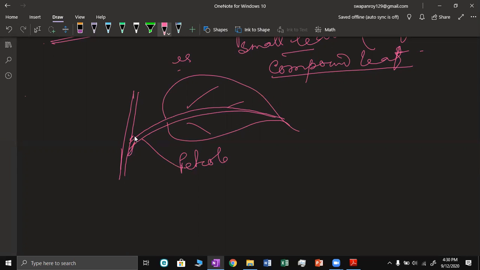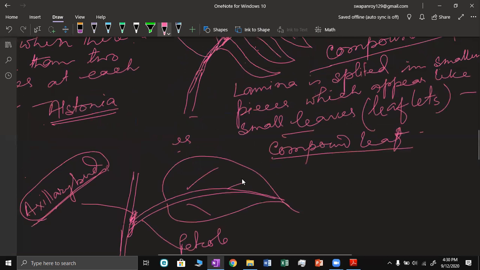This is the axil of the leaf, and at the axil of the leaf there is a bud, which is known as the axillary bud. Every single leaf has this axillary bud, whether very small or large.